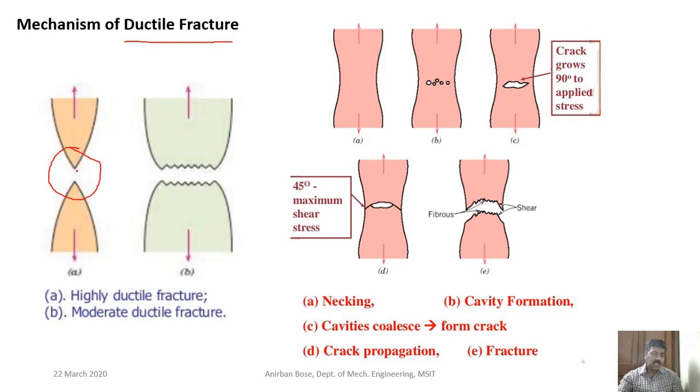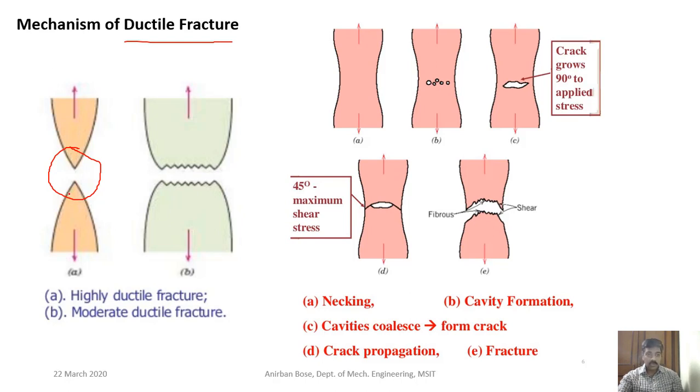Here you can see almost 100% area reduction is observed. But these things are very rare. These are possible only if there are no impurities present in a highly ductile material.